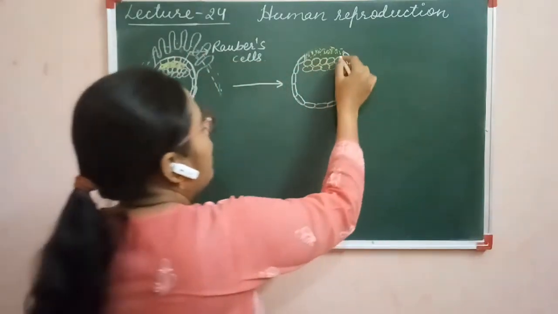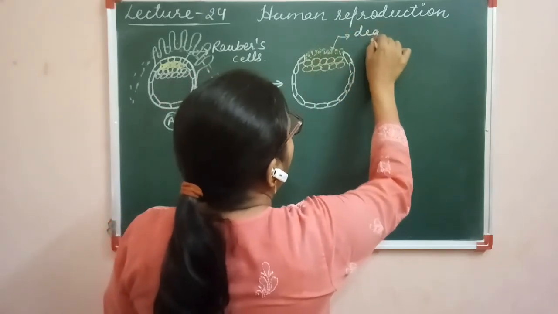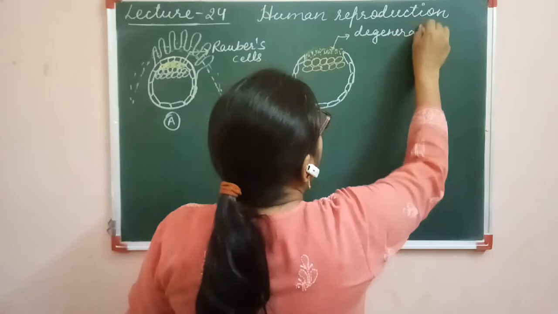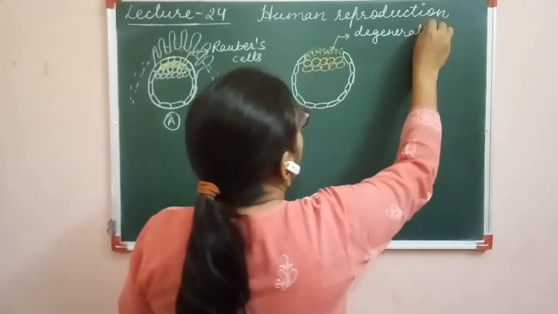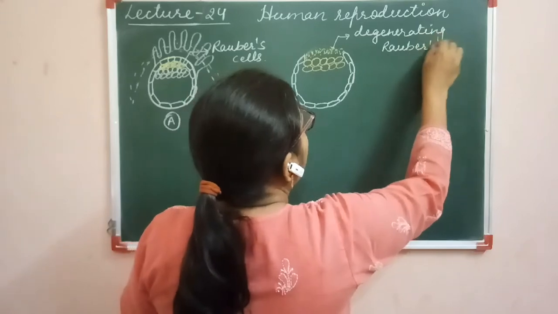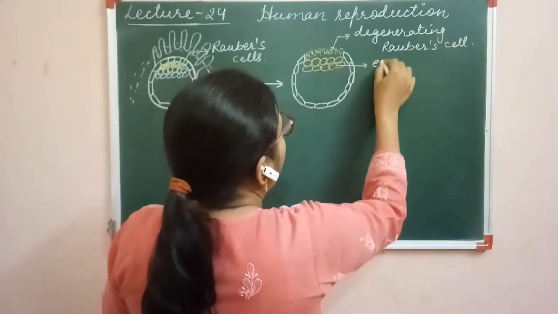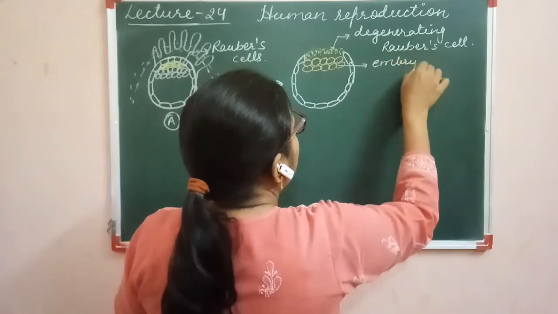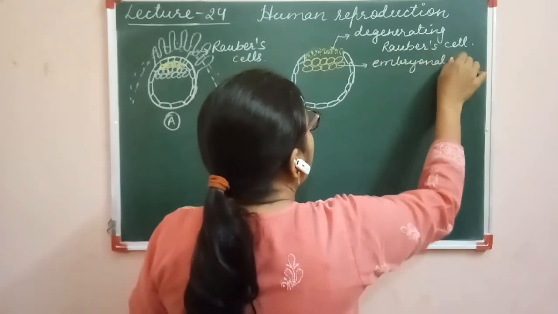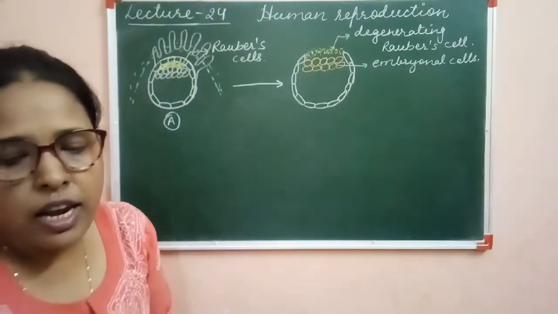So these are the embryonal cells and these are the degenerating Rauber's cells, and these are the embryonal cells arranged in the form of a disc or a layer.